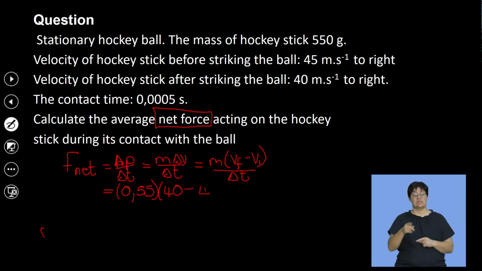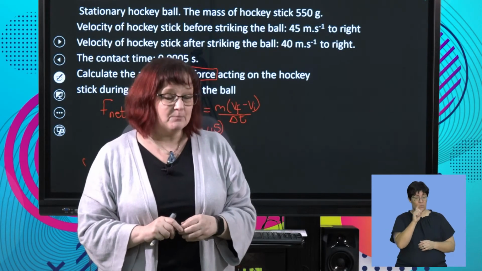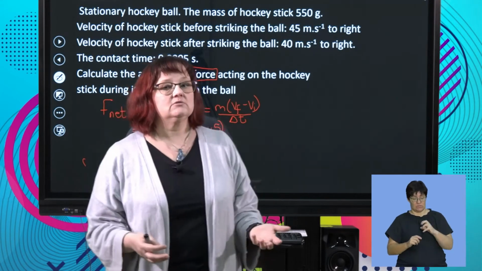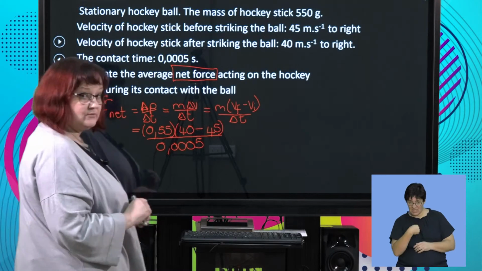Initial velocity is 45. And here's our time. Now, I have a small number minus a big number in the bracket. That's going to mean that I'm going to get a negative net force. But is that right? We'll talk about it now.